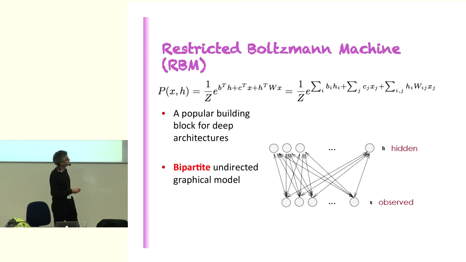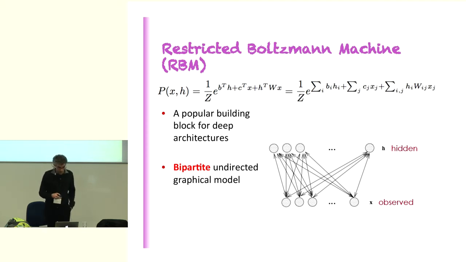In RBMs, we make a distinction because we decide that there are two groups of units, the x and the h, and there are no interactions between the h and no interactions between the x, only between an h and an x. And that's what this polynomial, this bilinear form tells us. So we get a bipartite graphical model.